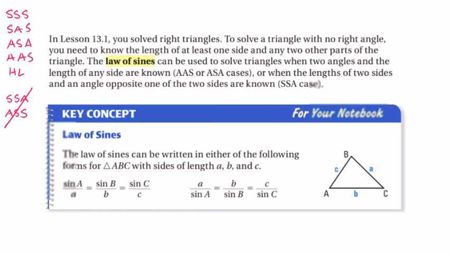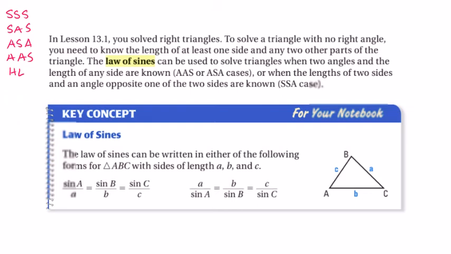We can't use this theorem to prove triangles congruent, which makes it a very interesting case with an application of the law of sines. We'll talk about that when we get to example 2. We can't use it to prove two triangles congruent, but we can use it to solve for a couple of different options for the lengths of the sides and the measures of the angles.